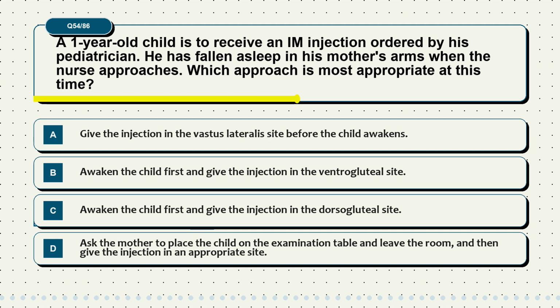Option B. Awaken the child first and give the injection in the ventrogluteal site. Option C. Awaken the child first and give the injection in the dorsogluteal site. Option D. Ask the mother to place the child on the examination table and leave the room, and then give the injection in an appropriate site.